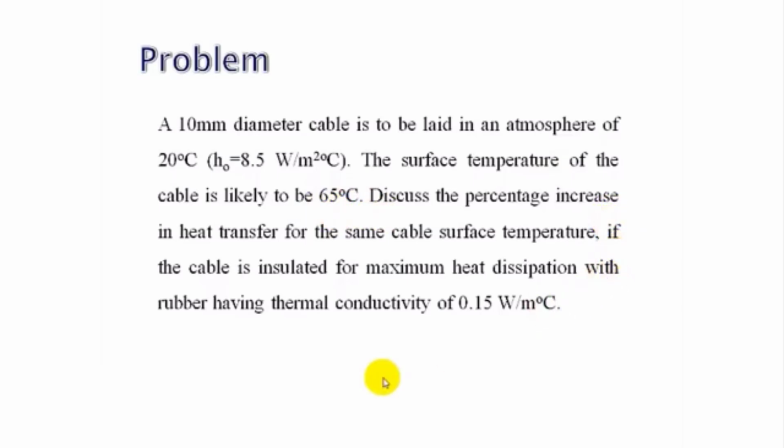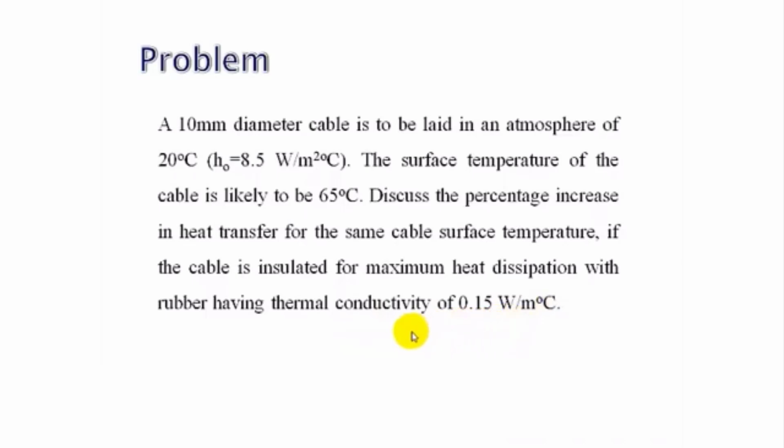We have to find the percentage increase in heat transfer when the cable is insulated with rubber having thermal conductivity 0.15 watts per meter degree centigrade for maximum heat dissipation. The intention of insulation here is to maximize the heat dissipation, and the insulation material used is rubber.